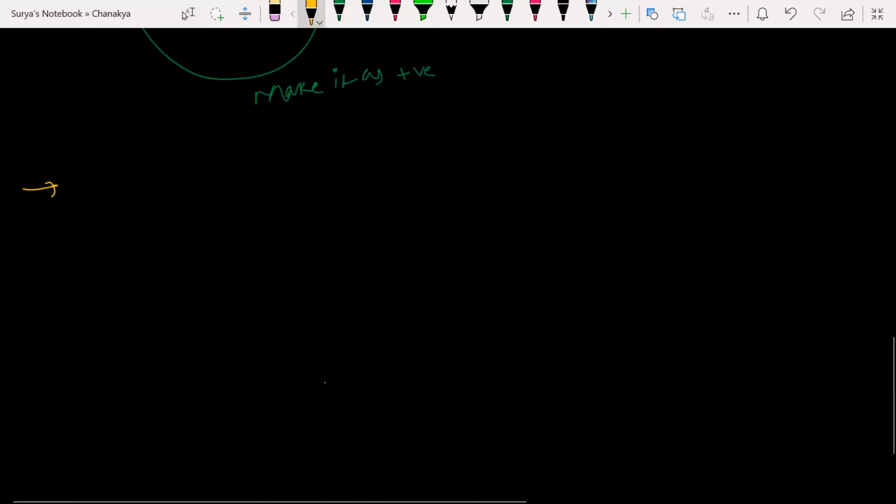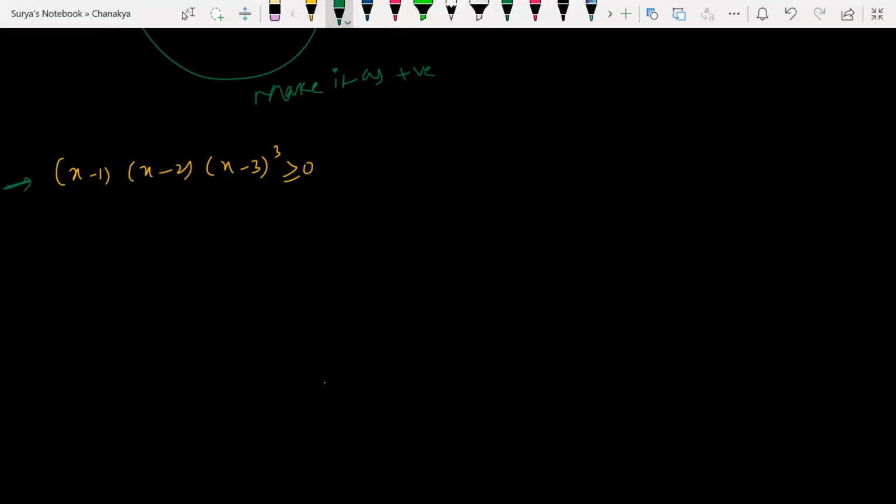Look at it. Solve this. Now this is the condition given here. What are my critical points? 1, 2, 3, from minus infinity to plus infinity, greater than or equal to.